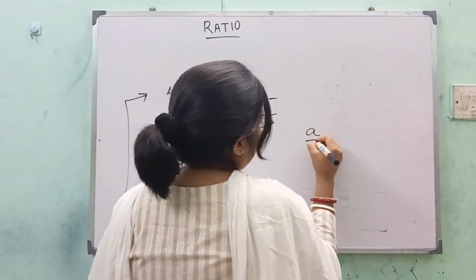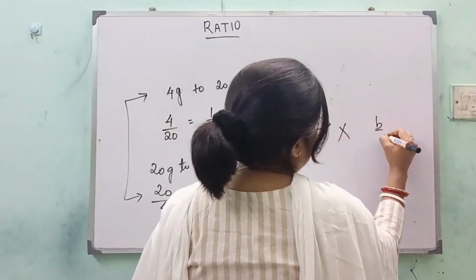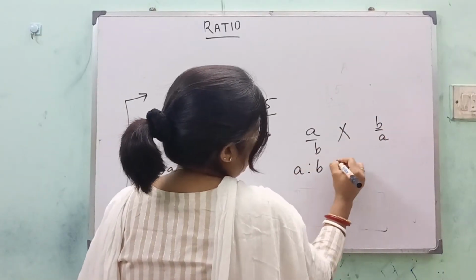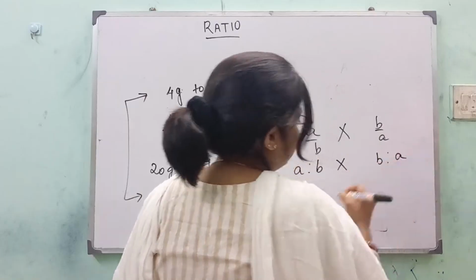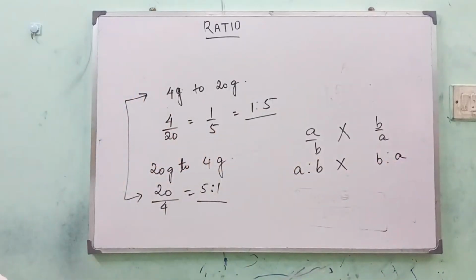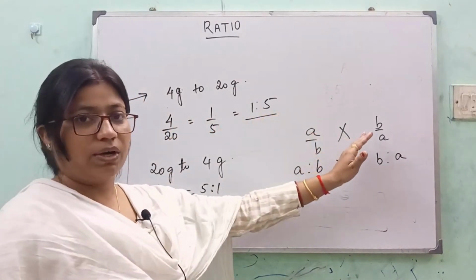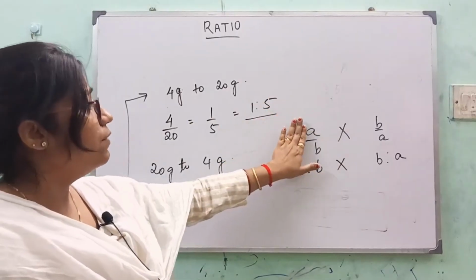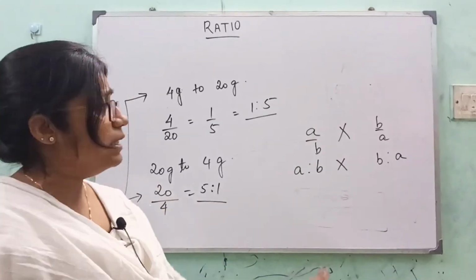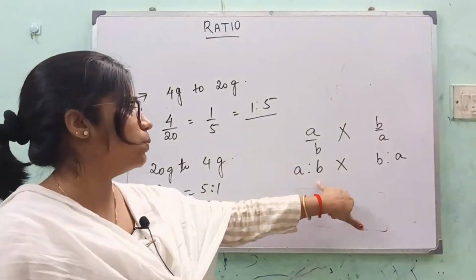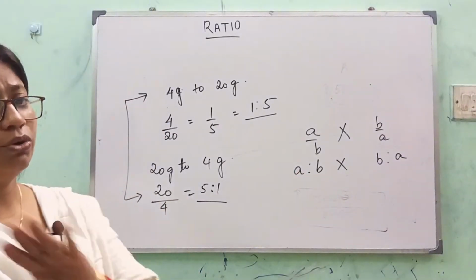Just as A by B is not equal to B by A, that means A is to B is not equal to B is to A. Remember this, because ratios are nothing but fractions. Just as a fraction and its reciprocal are not the same, similarly here A is to B and B is to A are two different things.